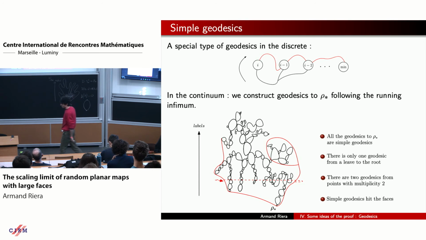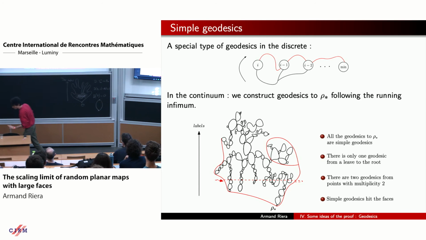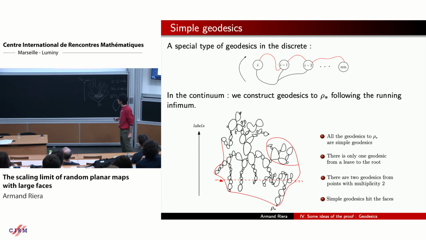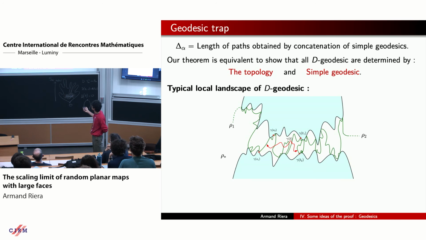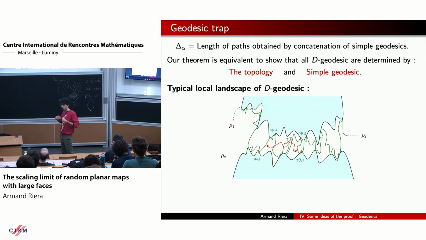But okay, I will stop here, but really that's a very important thing, to prove that we have this property that we are bouncing in faces. And just to say a few things, in fact, we use that to create traps for the geodesics and to have metric constraints. And so really the proof then is to use this property with the planarity of our scaling limit to be able to recover the distance d just using delta alpha and the topology.